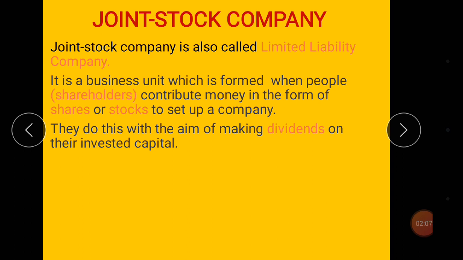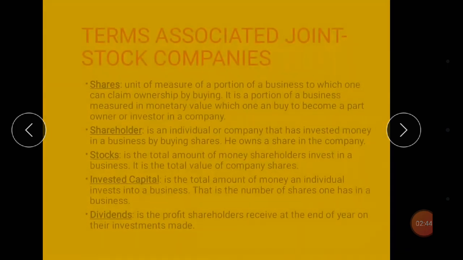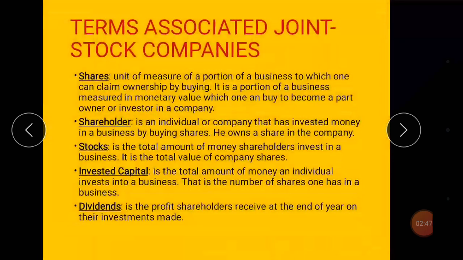So when people contribute money in the form of shares or stocks to set up a company, that business is called a joint stock company or a limited liability company, because the people have put their stock together, their monies together, their capital together. They do this with the aim of making dividends on their invested capital. So when anybody invests into a joint stock company, they have the aim of making dividends at the end of the year on the capital they have invested.